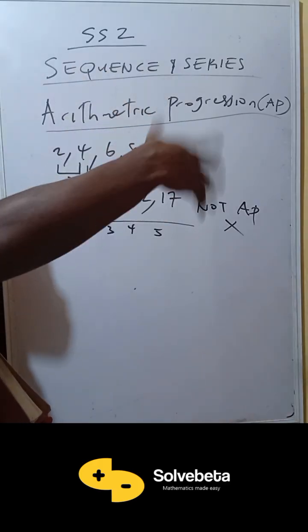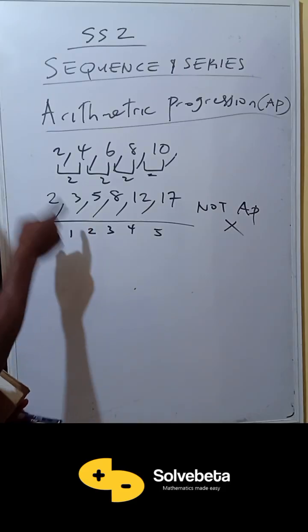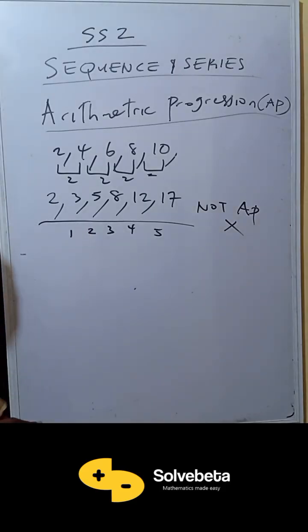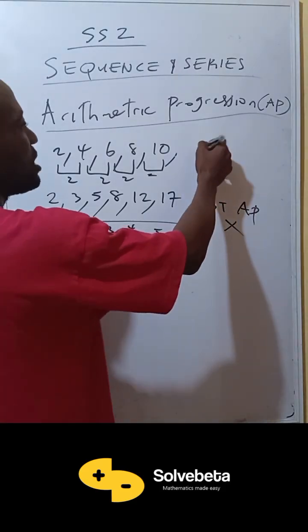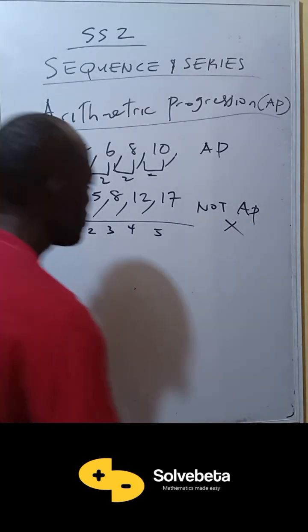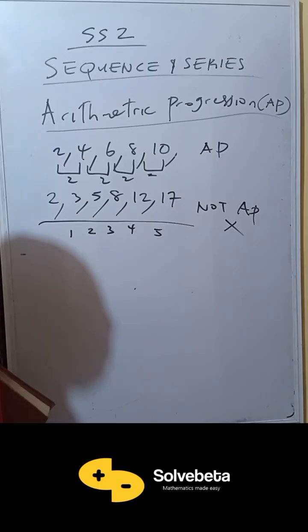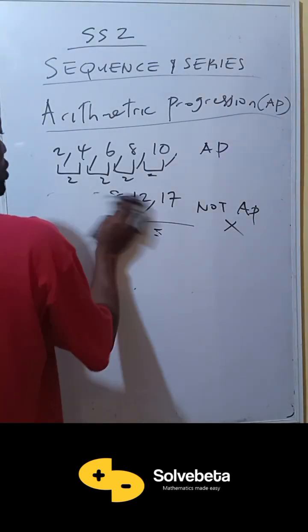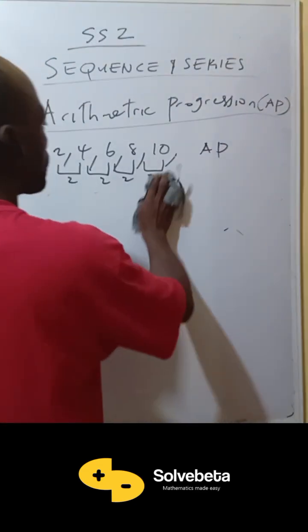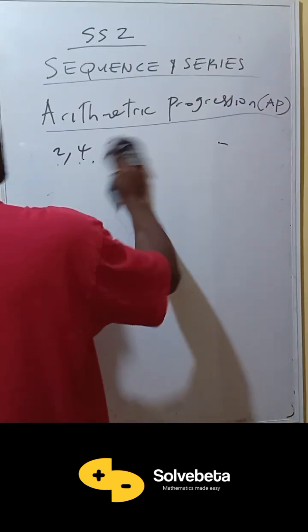To get all the terms in this sequence, I will add the same number to the previous term, unlike this one. So please take note. This is an AP, arithmetic progression, while this is not. It is very important to note the difference between an AP and the one that is not an AP. Although they are both sequences, one is an arithmetic progression, the other one is not.